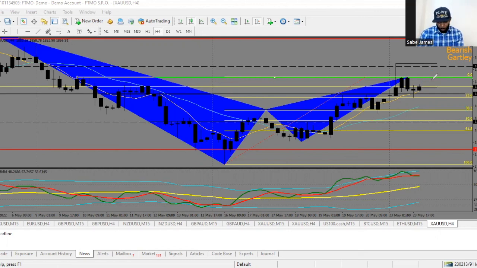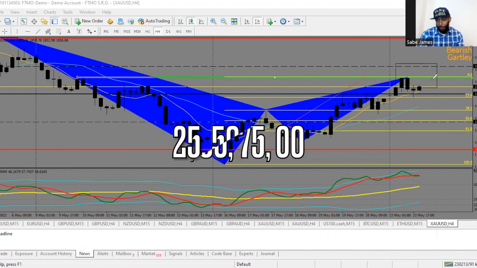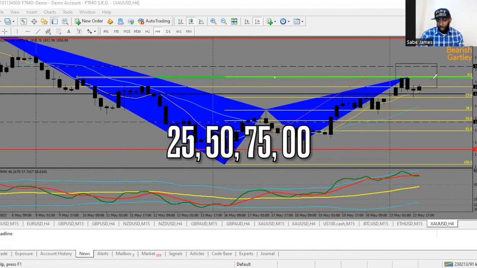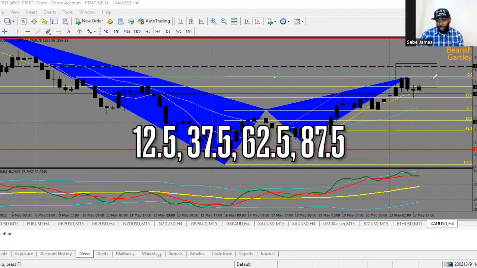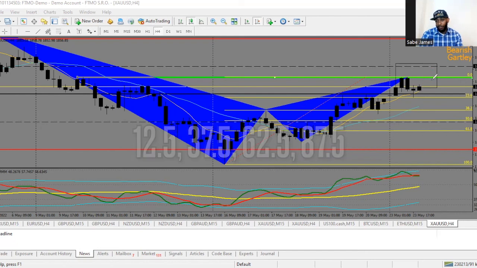Okay. That's basically gold in a nutshell, and you can transpose these levels on all of the prices that we have above it and below it. Just remember your 25, 50, 75, and your double zeros. And your midway points are your 12.5, 37.5, 62.5, and then your 87.5 also, between the 75 and the double zero.